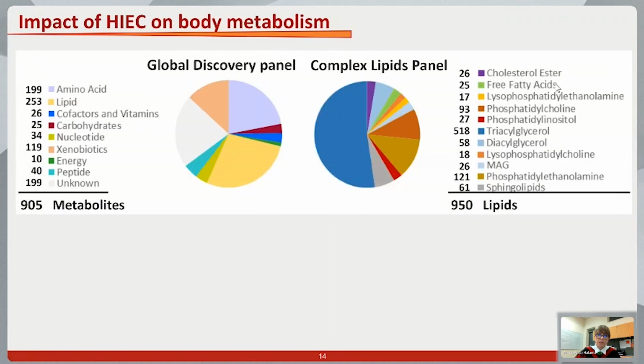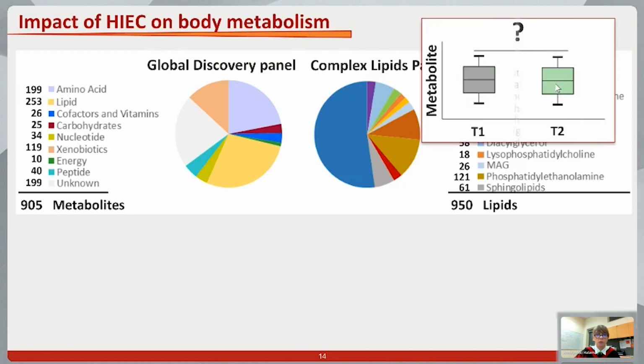For this particular study, we went for metabolite measurement with the global discovery panel of Metabolon, and also a complex lipid panel, Lipidyzer, as we call it, to have a global overview of metabolic and lipidomic processes which could be found in those individuals.